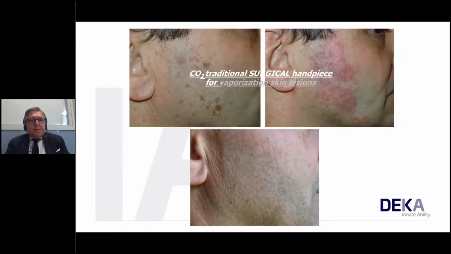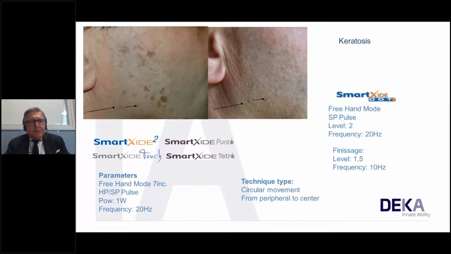Well, the CO2 traditional surgical handpiece allows us to vaporize, and you can see the results after 1 month. The same for pigmentation. You can note down the parameters that we can have with the new models, Smartxide 2, Touch, Punto, and Tetra.